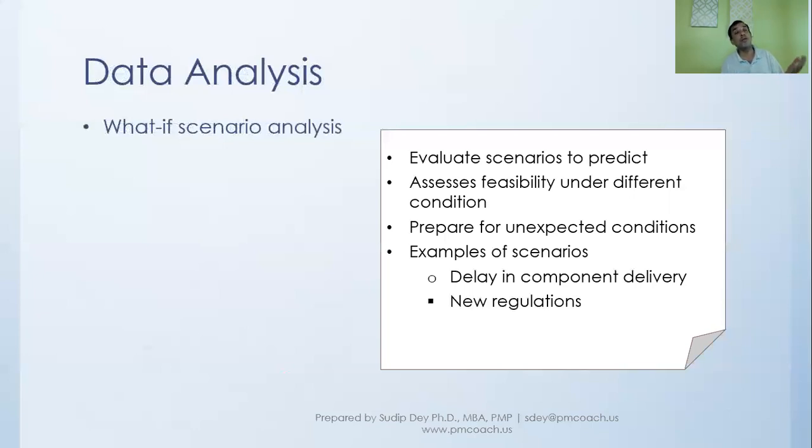Or if a new regulation is expected to come, if a new regulation comes up, what will be the impact to our project? What will be the impact in terms of our schedule? So these are different possible scenarios you think of, and try to think through how we'll act on those kinds of scenarios if that happens.